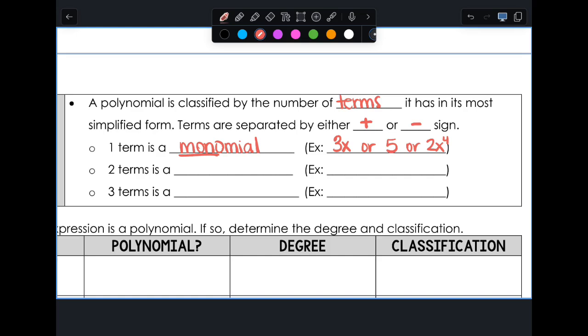Now, what is the prefix for 2? Oh, binomial. Bi. Think bicycle. 2 wheels. Binomial. 2 wheels. Okay? So an example of this would be 2x plus 3, where you have two terms separated by that plus sign.